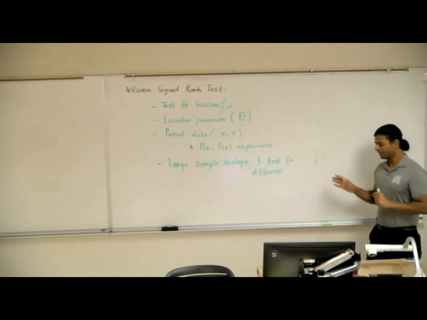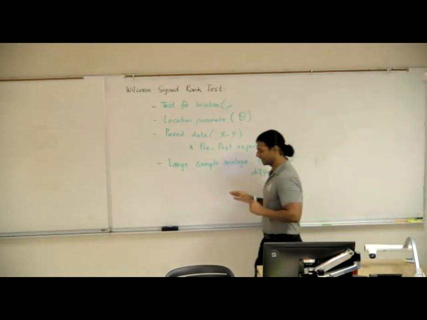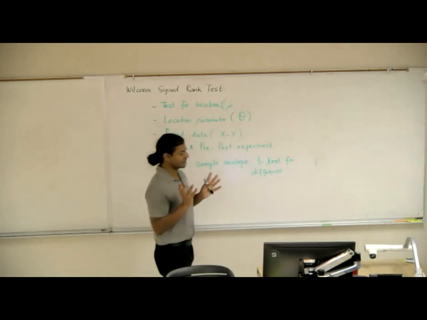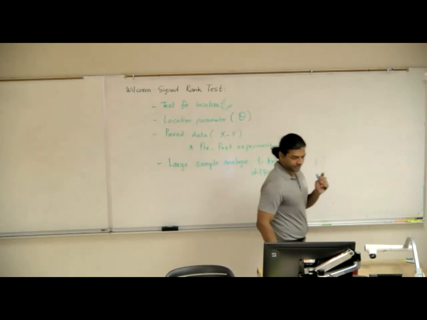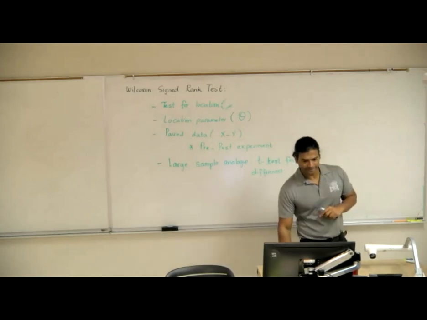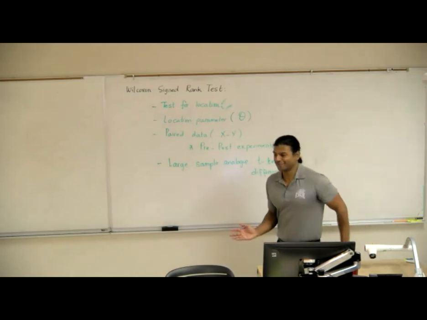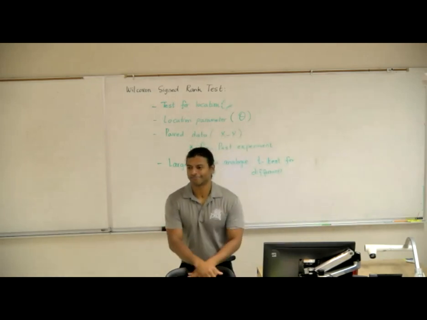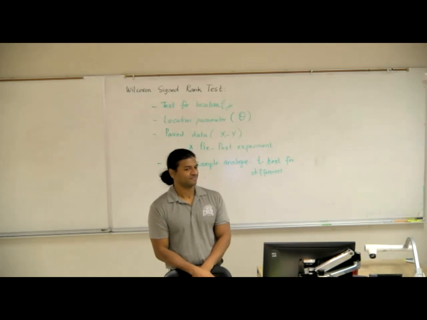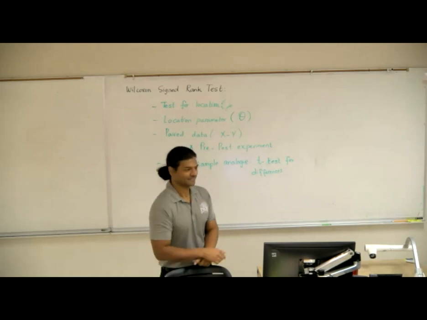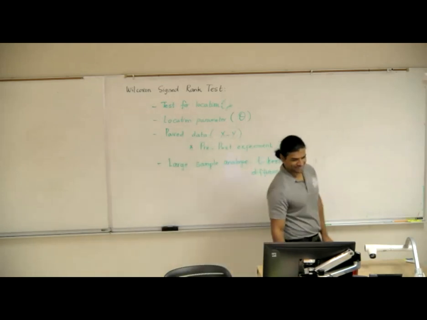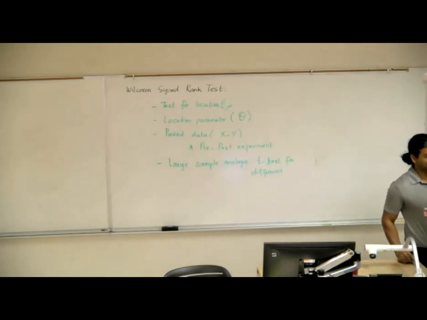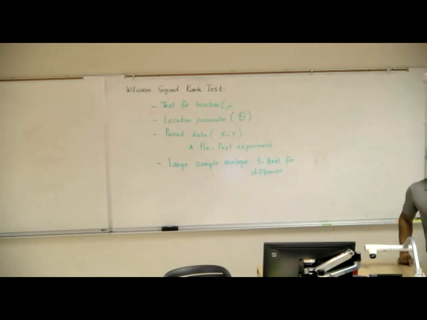Yes. Now, most non-parametric tests deal with ordered statistics. What is an ordered statistic? Do we know what an ordered statistic is? What is the difference between a regular statistic and an ordered statistic? Mean is an unordered statistic, median is an ordered statistic. What is the difference?